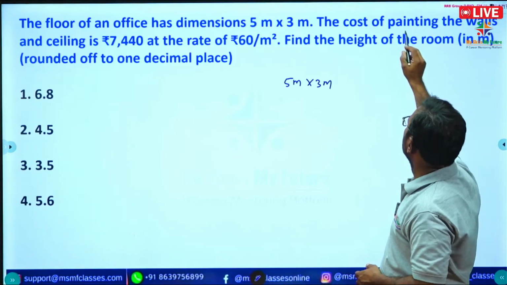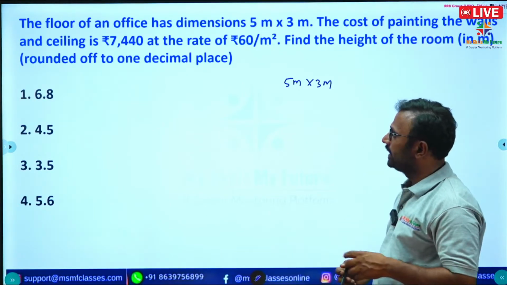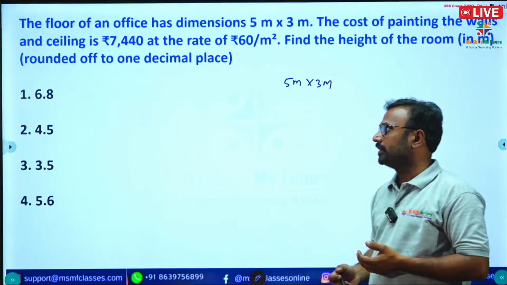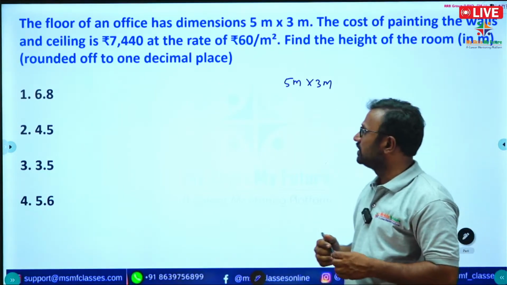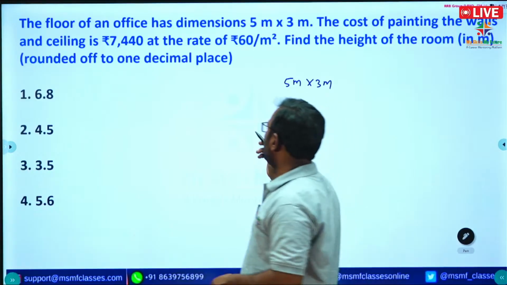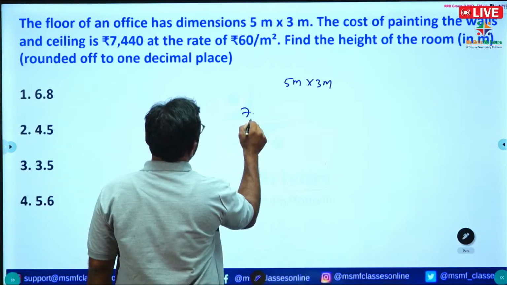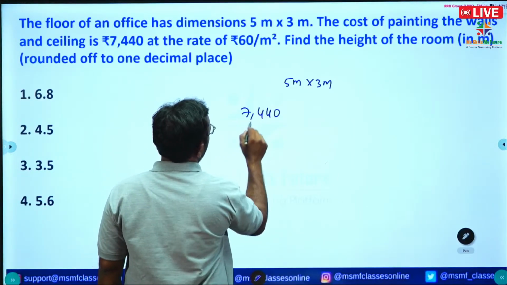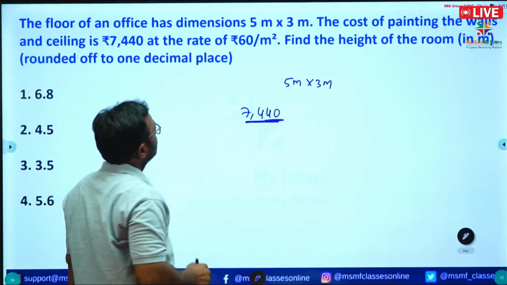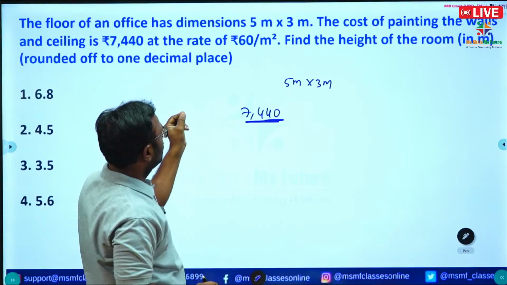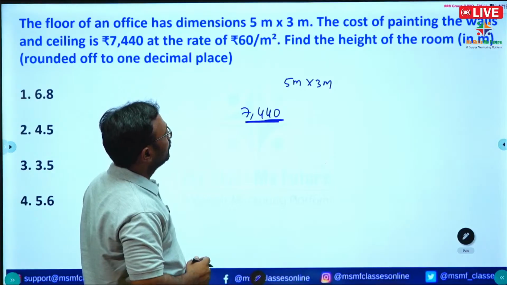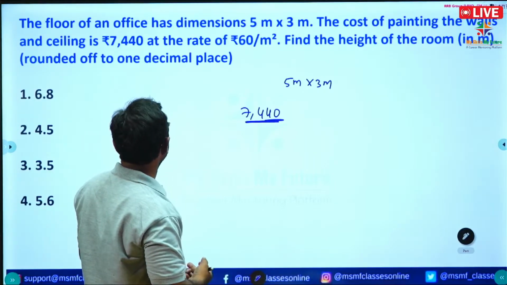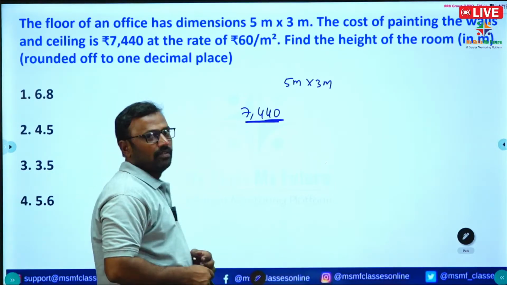The cost of painting the walls and ceiling is 7,440, at the rate of 60 rupees per meter square. Find the height of the room in meters, approximately to a decimal point.